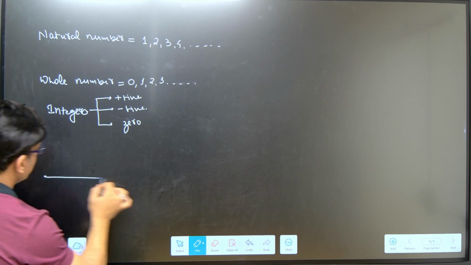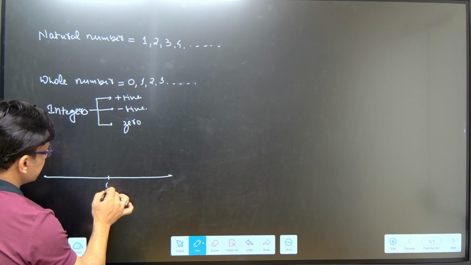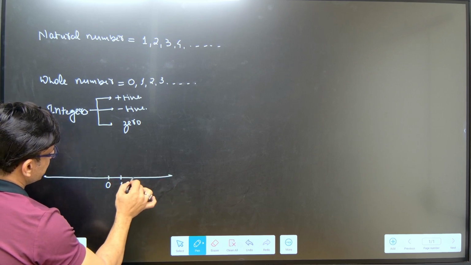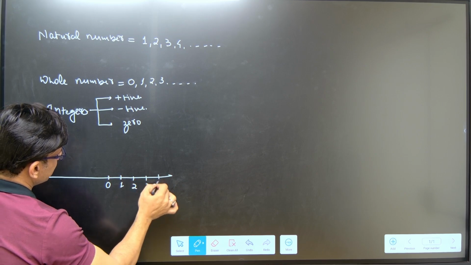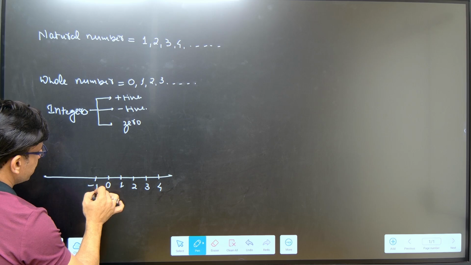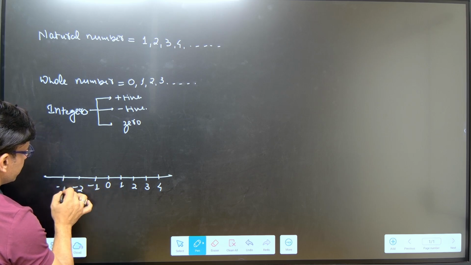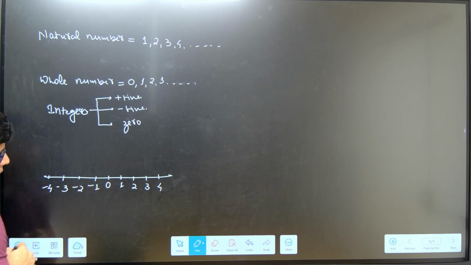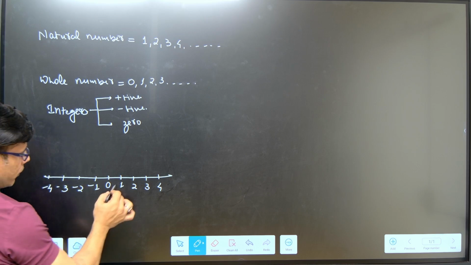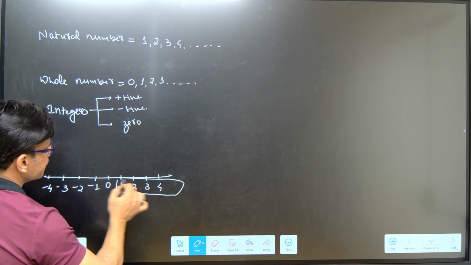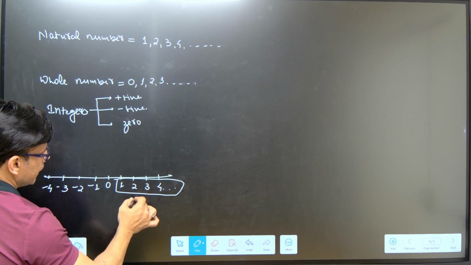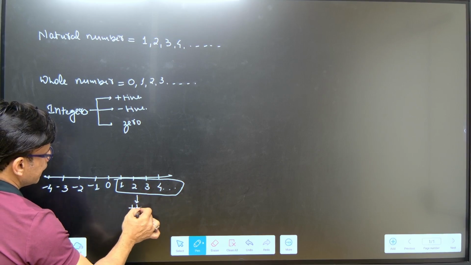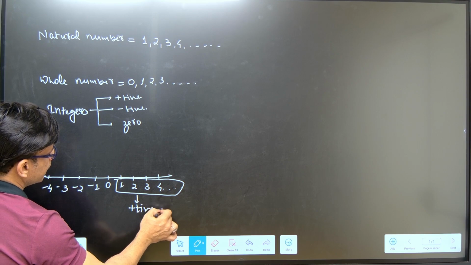Now, you draw a number line in order to understand integers. On the number line, you place the numbers 0, 1, 2, 3, 4. Then you put -1, -2, -3, -4. So all these 1, 2, 3, 4 and so on are called positive integers.